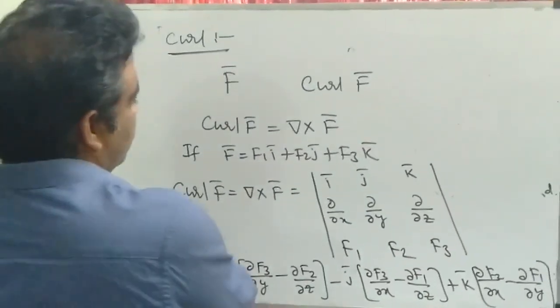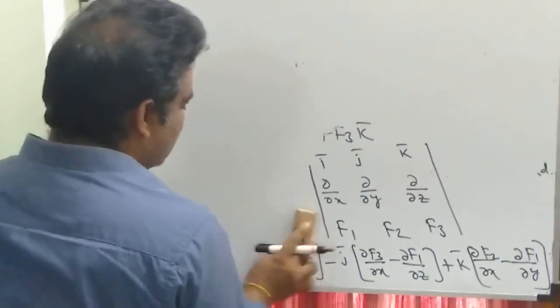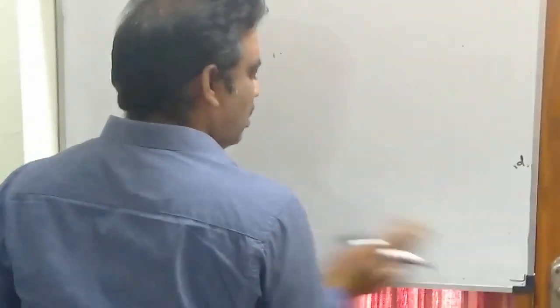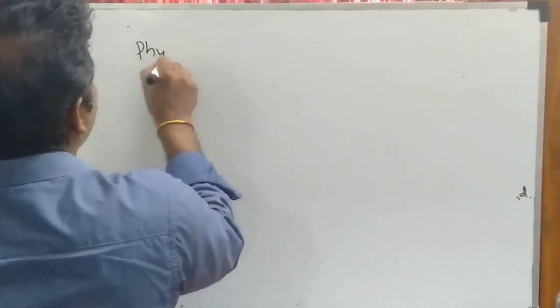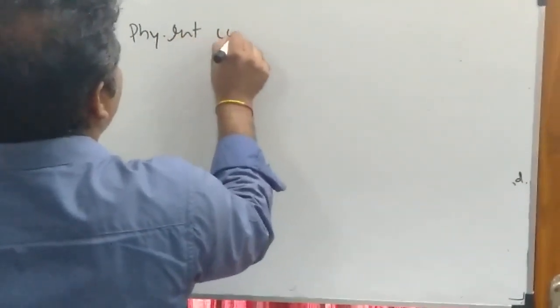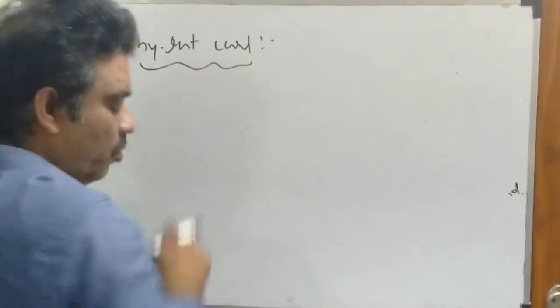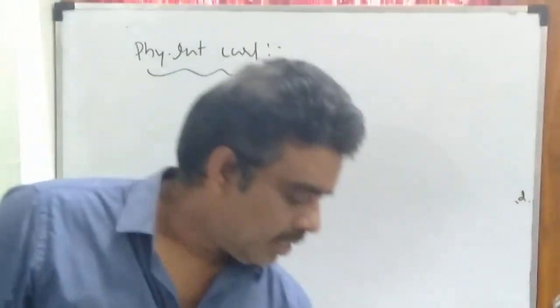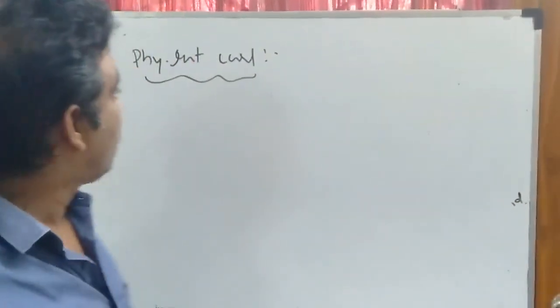Now the next definition is the physical interpretation of curl. So how we observe in physical terms.